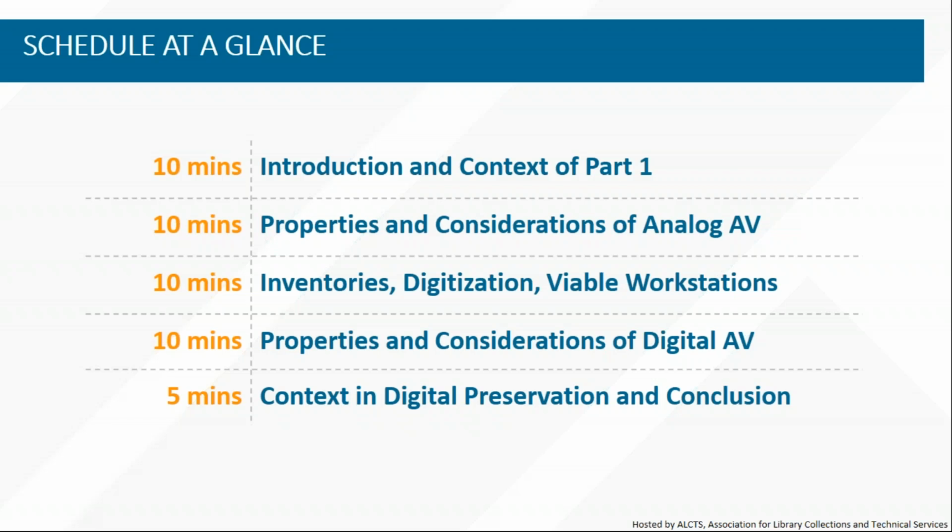And then we'll speak briefly about different kinds of digitization setups in the film world, and then also in the analog video world, and take a look at what might be a viable workstation, something that can get you off the ground and running. Then we'll take a look at what properties and considerations of digital AV there are.